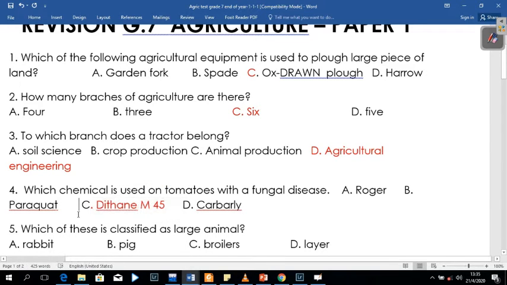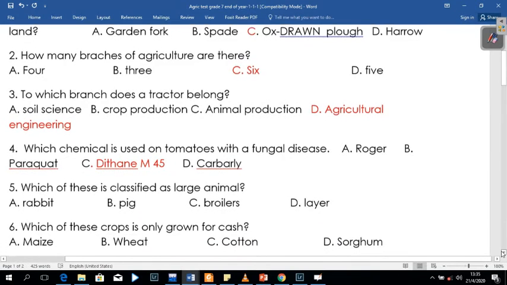Paraquat, no. Roga, no. Cabral, no. You guys must know in detail about these chemicals here, and we were just going through the paper. I'm not giving you more detail, but please go through this topic.